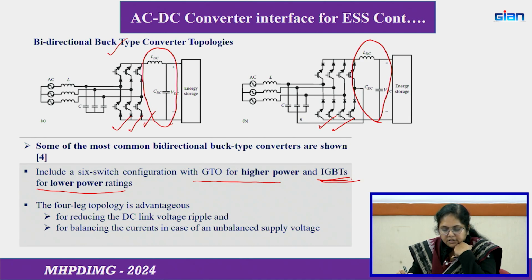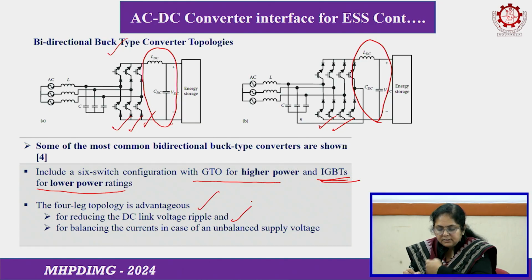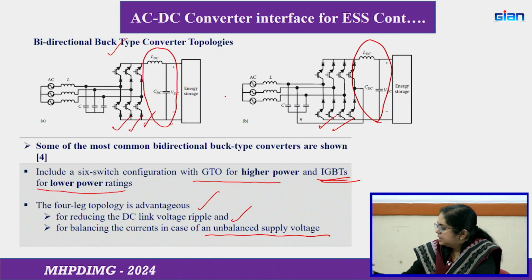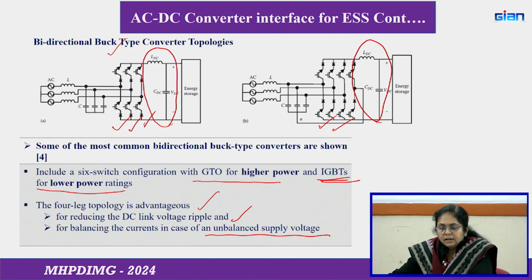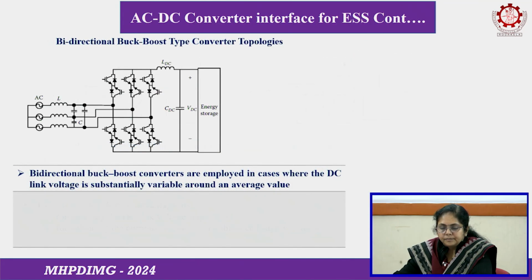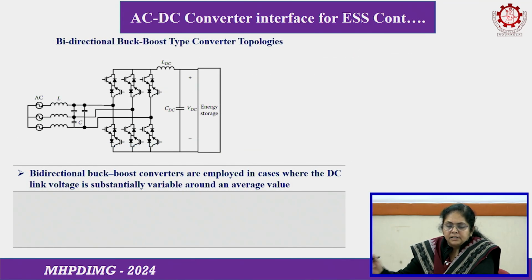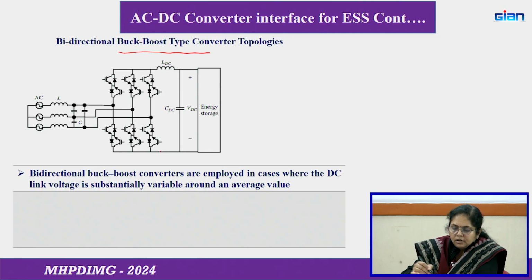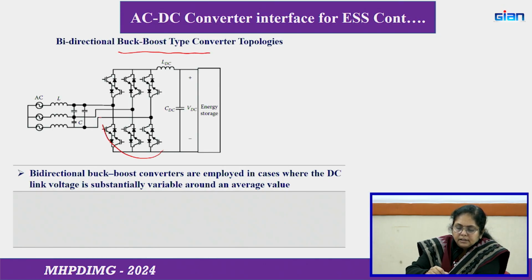So, this 4-leg topology is advantageous because it reduces the DC link voltage ripple, and also for balancing currents in case of an unbalanced supply system. I am just giving you the overview of the bidirectional AC-DC converter that is being used, and some standard topologies. This is another type, the third one, a bidirectional buck boost type, where I have shown only the 3-leg structure.